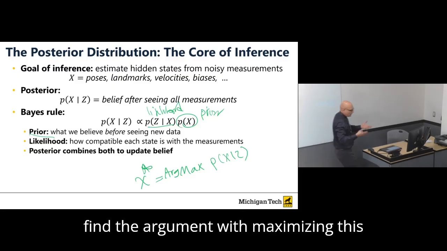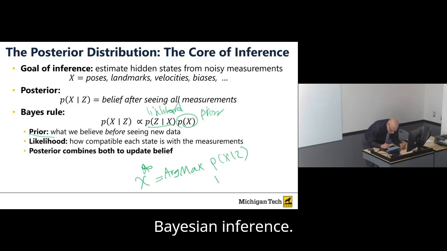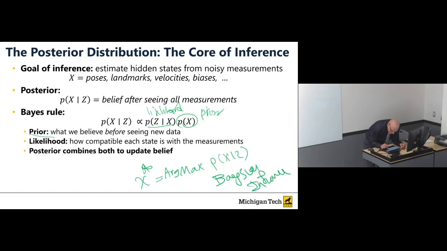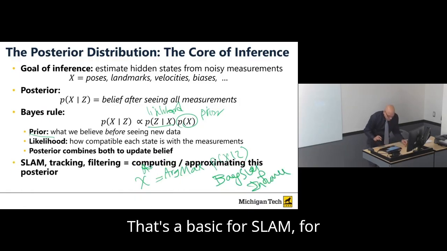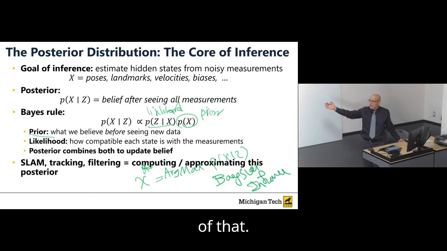Argmax means find the argument: by maximizing this, find x. That is Bayesian inference. It's the basis for SLAM, for tracking, for filtering. It's all based on that.